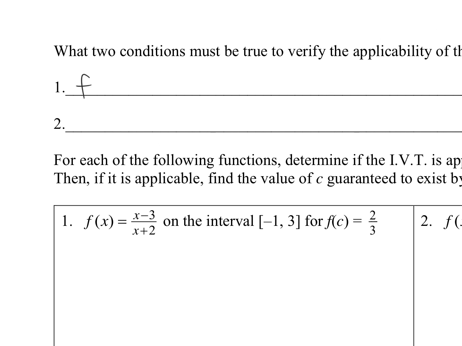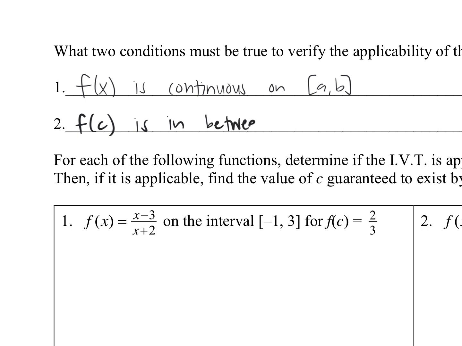F of x is continuous on the interval a to b. And then we also have to have f of c in between f of a and f of b.